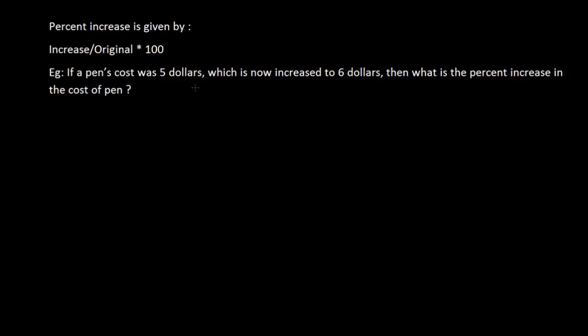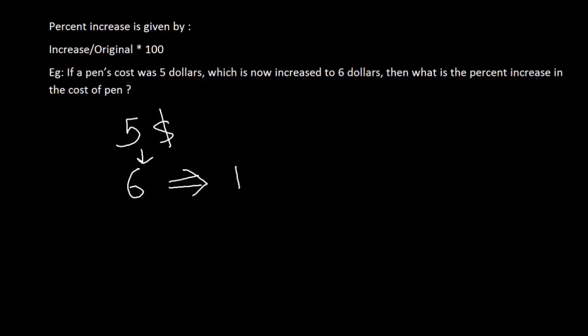If a pen's cost was $5, which is now increased to $6, then what is the percent increase in the cost of the pen? Now, the pen's cost originally was $5, right? And this has increased to $6. That means it is increased by $1.